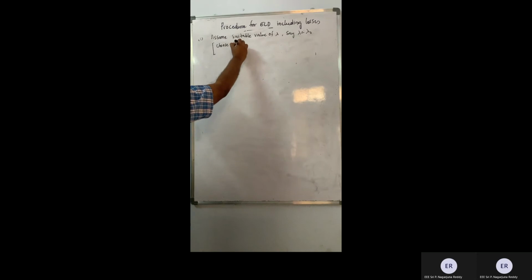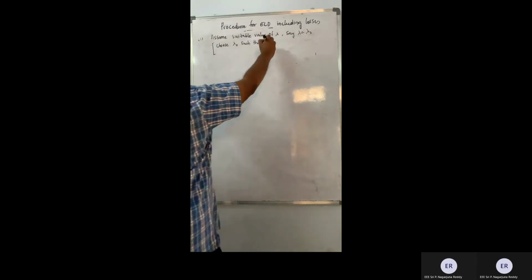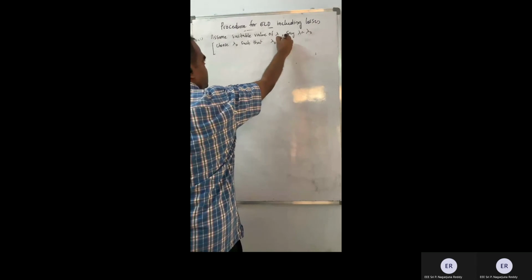Choose lambda naught such that lambda naught is greater than the largest Bi.